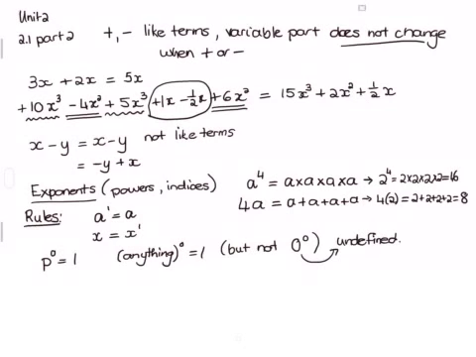Not allowed. Against the rules. Okay, so I could have something like this. If the power is 0, then the answer is simply 1. I don't need to worry about everything in there because the power is 0.